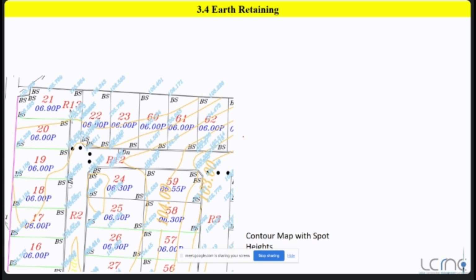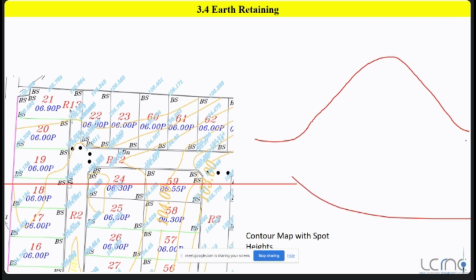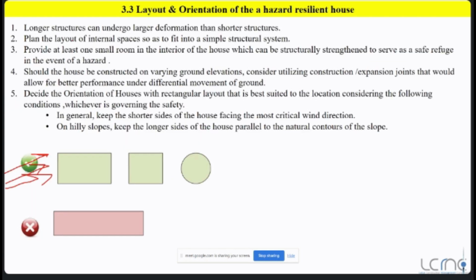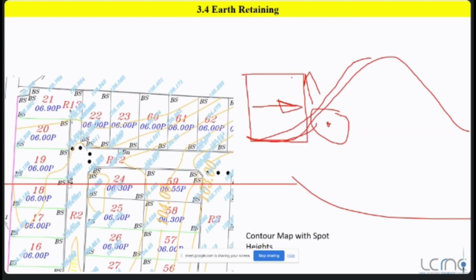If you take a section along this line, this is your terrain. So considering this topography, in hill country, that means mountain areas, if you want to construct a house, your longer side should face parallel to the natural contours of the slopes.